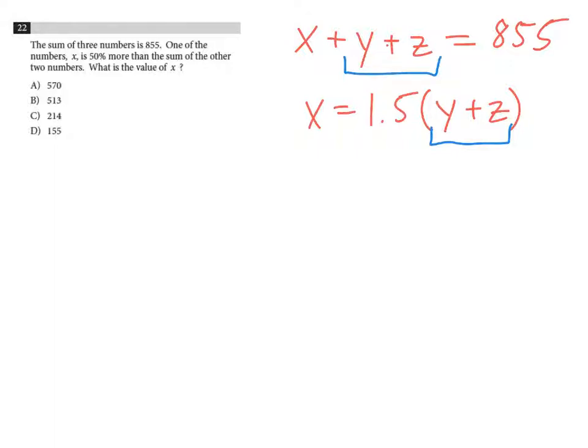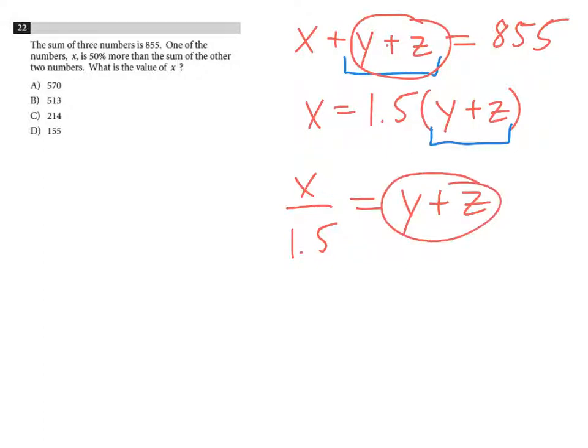We want to get rid of two variables in one fell swoop, and to do that, all I have to do is divide by 1.5. That equals y plus z. So now I can substitute that in for that expression up there.